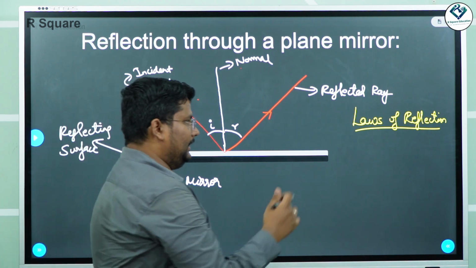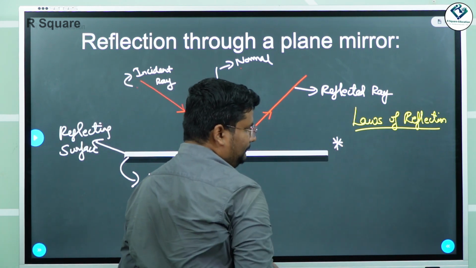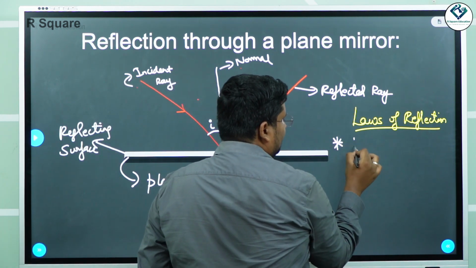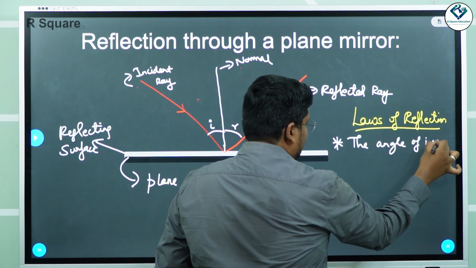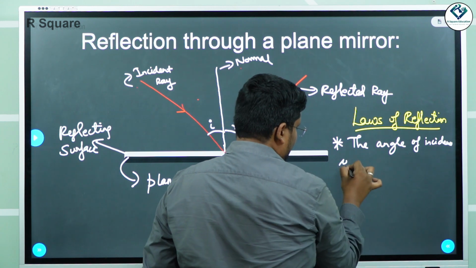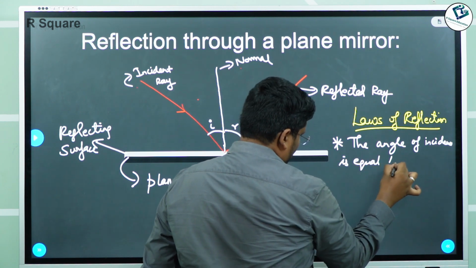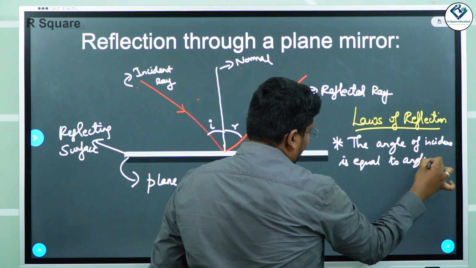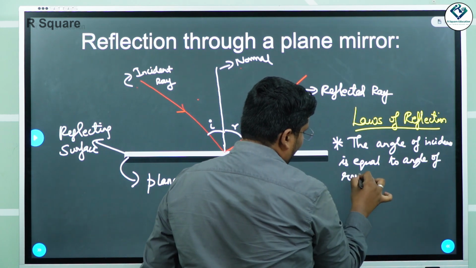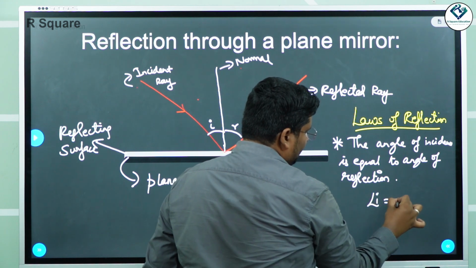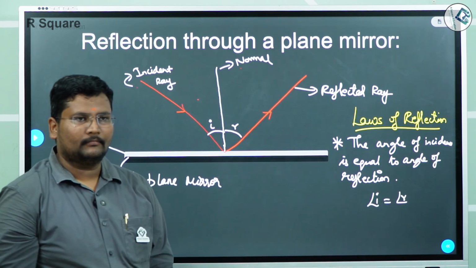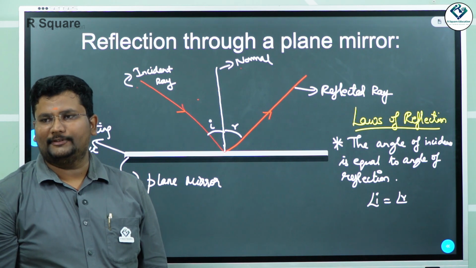The first law says the angle of incidence is equal to the angle of reflection. So angle I is equal to angle R. This is the first law of reflection.